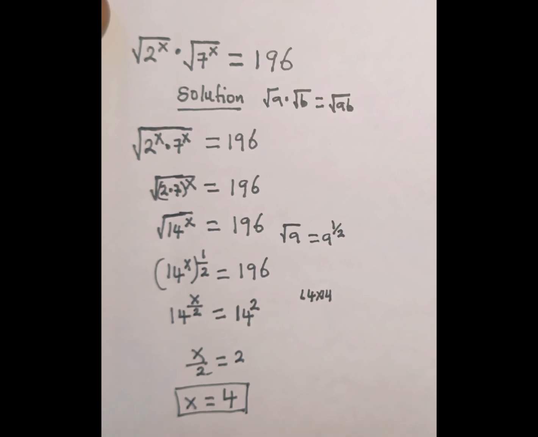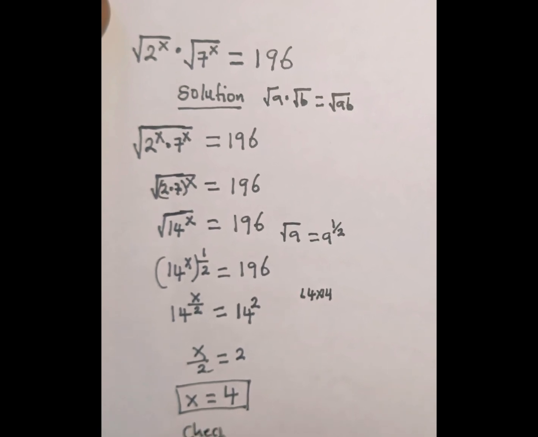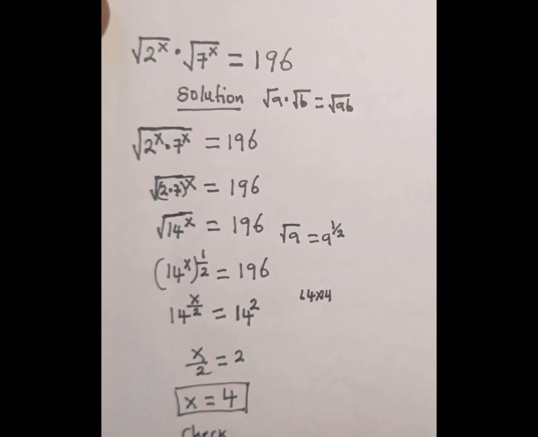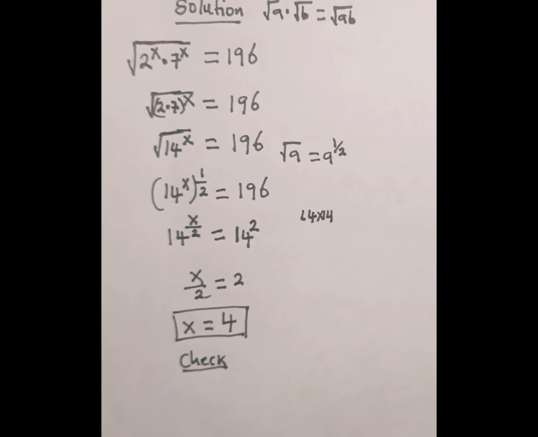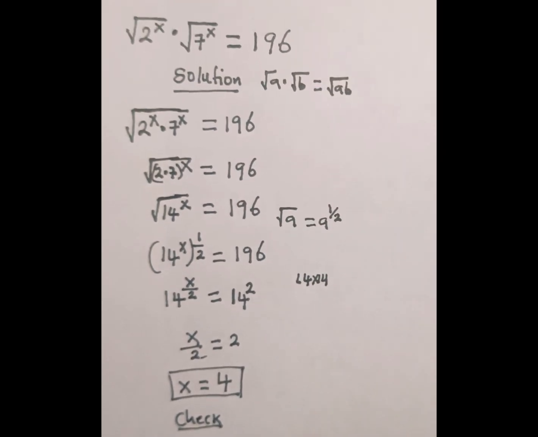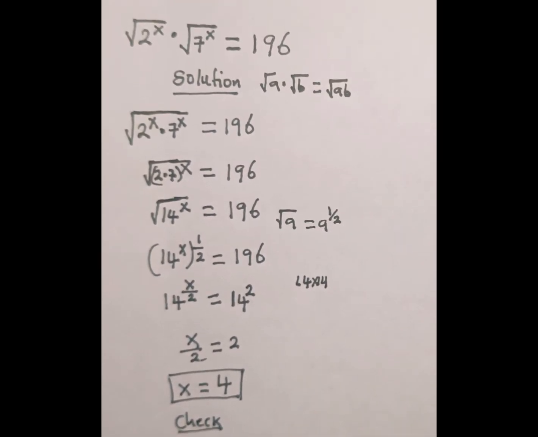But before we conclude that, we need to check if we substitute 4 in place of x in the original equation, whether it is going to give us 196. So we are going to check. And to check that, we are going to first rewrite the original equation, which is the square root of 2 to the power x multiplied by the square root of 7 to the power x equal to 196.